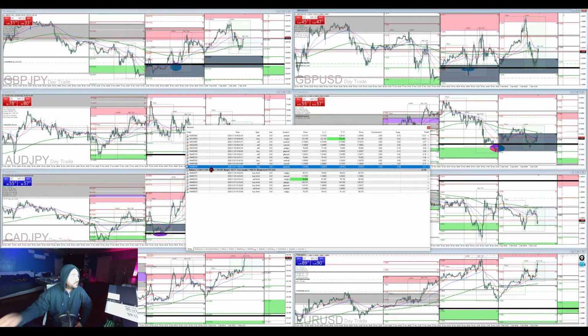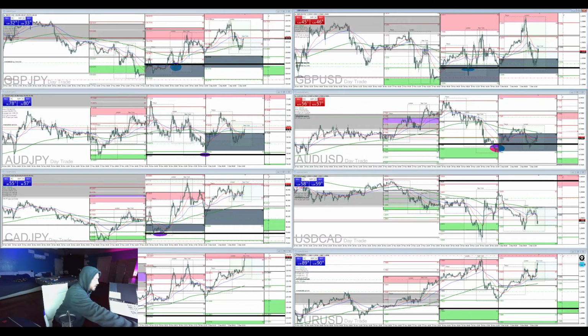That's it right there. Alright, so 8182 is the addition to the live trades.